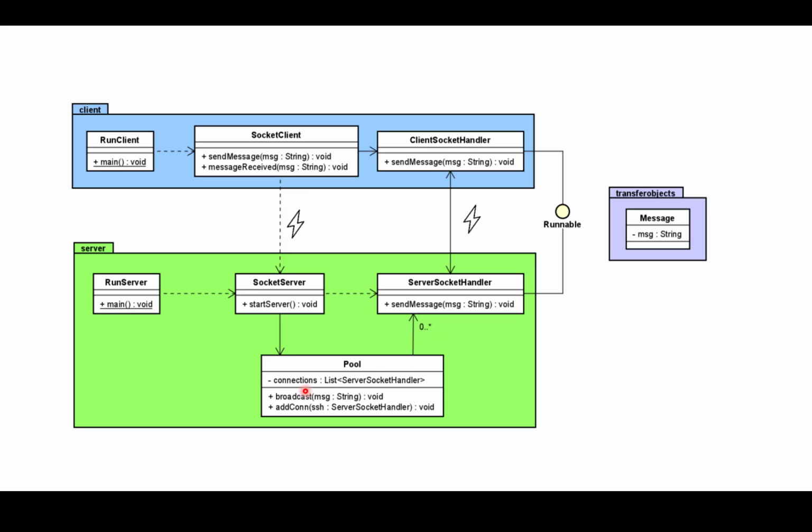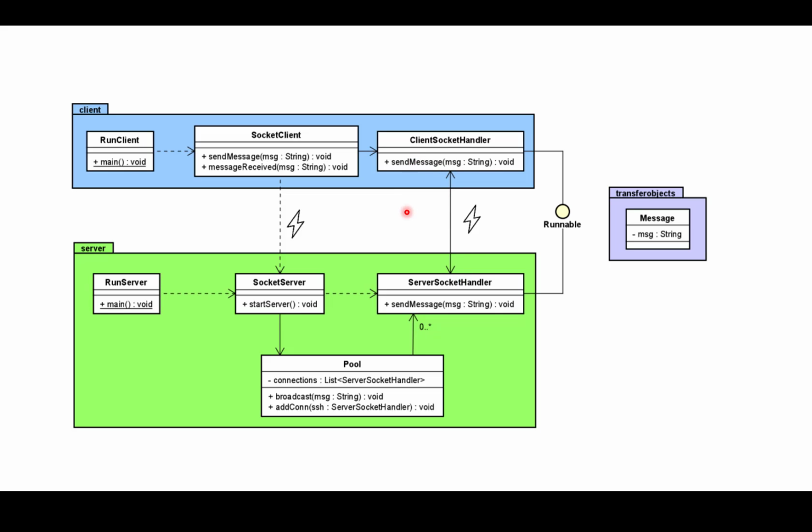So that means the pool must have a list of all the server socket handlers. There must be a method to broadcast, and there must be a method to add a new server socket handler connection to the connection pool here. We will be sending messages instead of just strings, just to show that we can do it. And then we need the client socket handler on the server side to be able to receive messages.